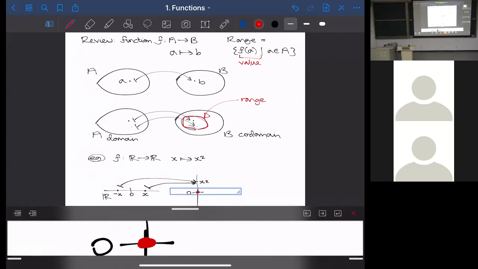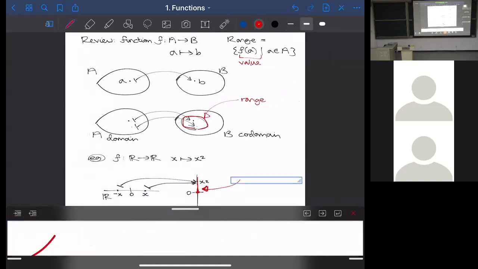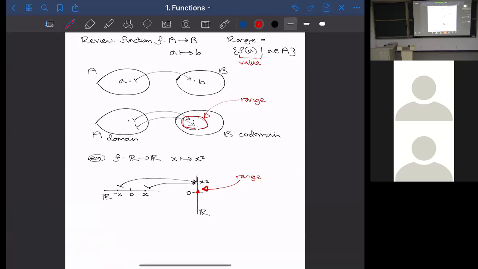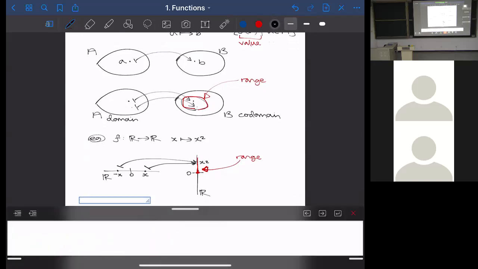It's the subset of the real line given by positive numbers and 0. Okay. So any more questions about that, let me know.